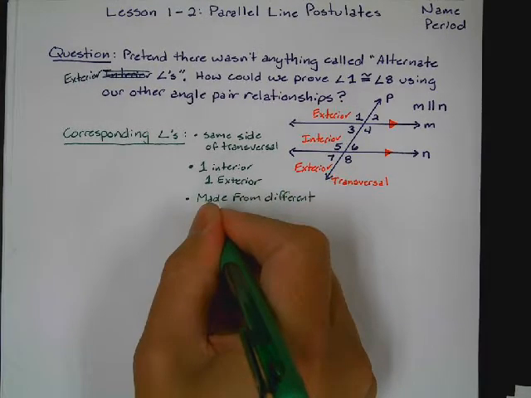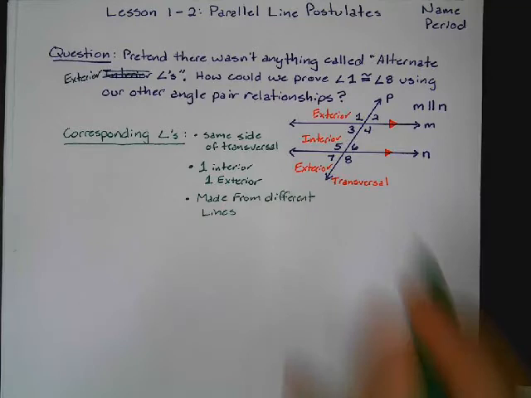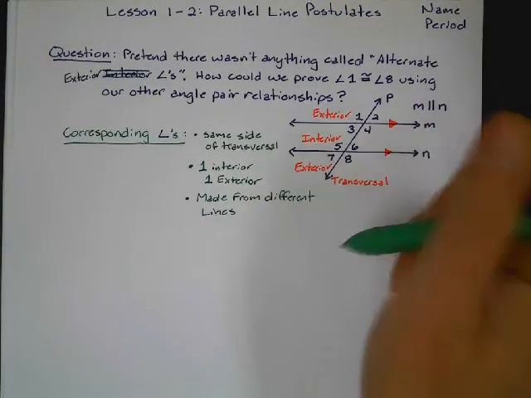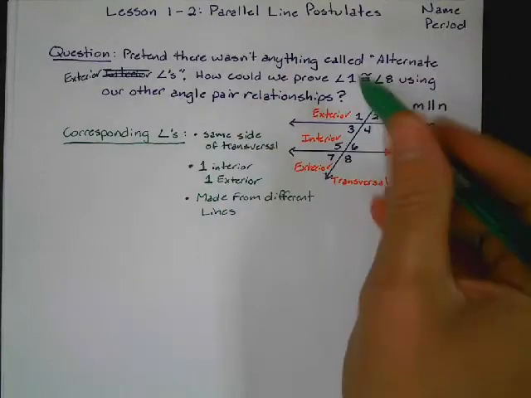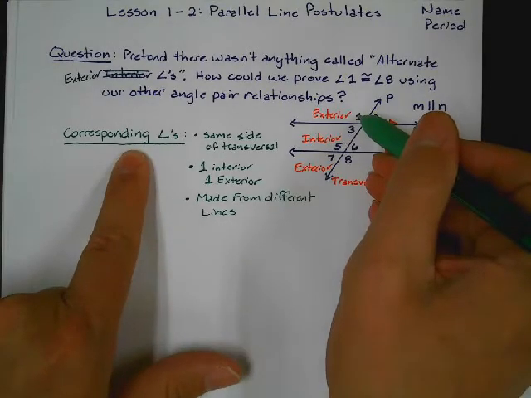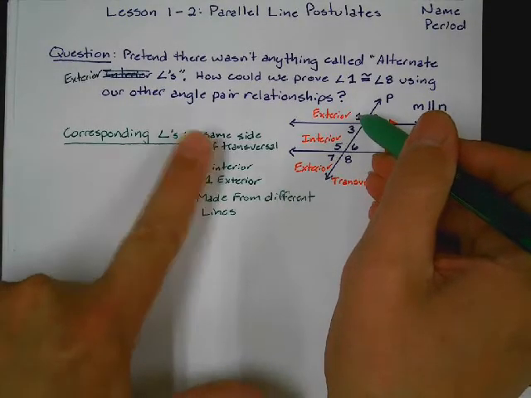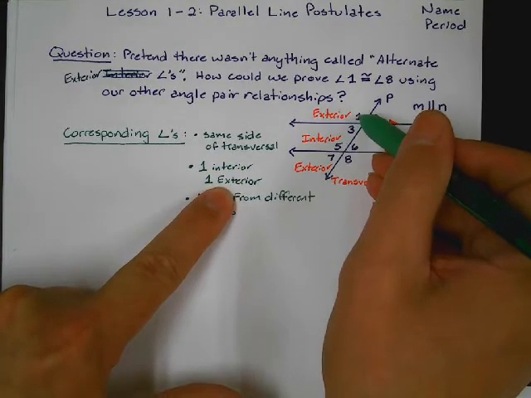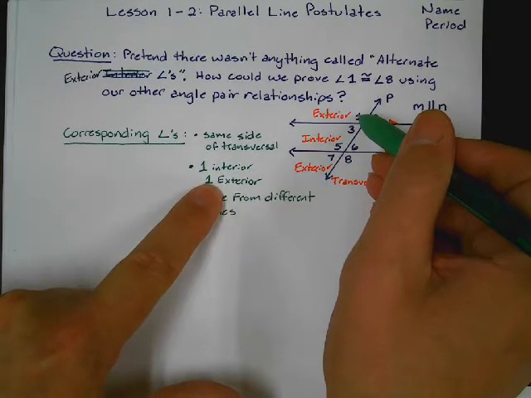So let's find our corresponding angles here. I'm just going to start with angles on this side. Let's say angle 1. Angle 1 is an exterior angle. So to be corresponding, the other angle would have to be on the same side of the transversal, and if this one's exterior, the other one would have to be interior.